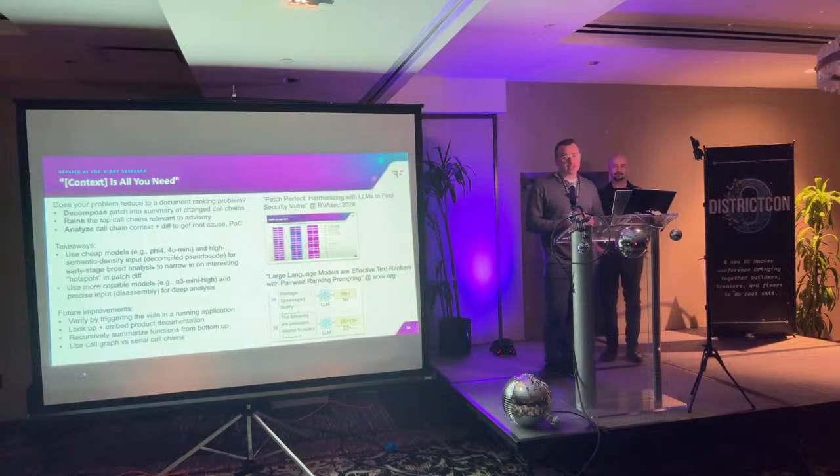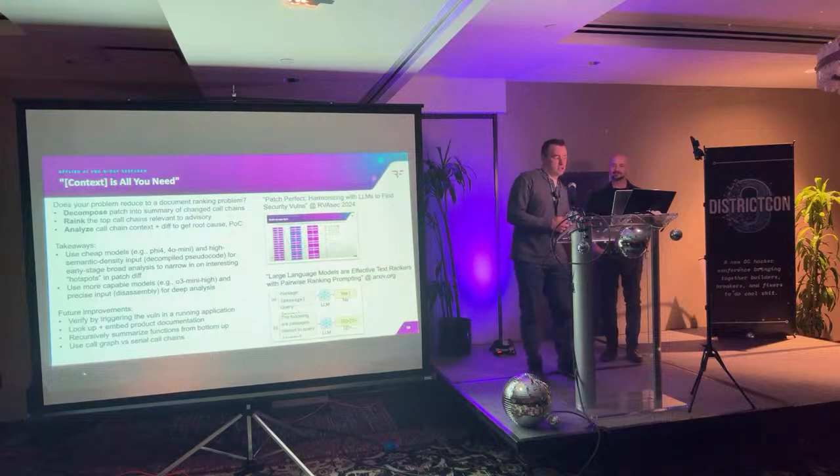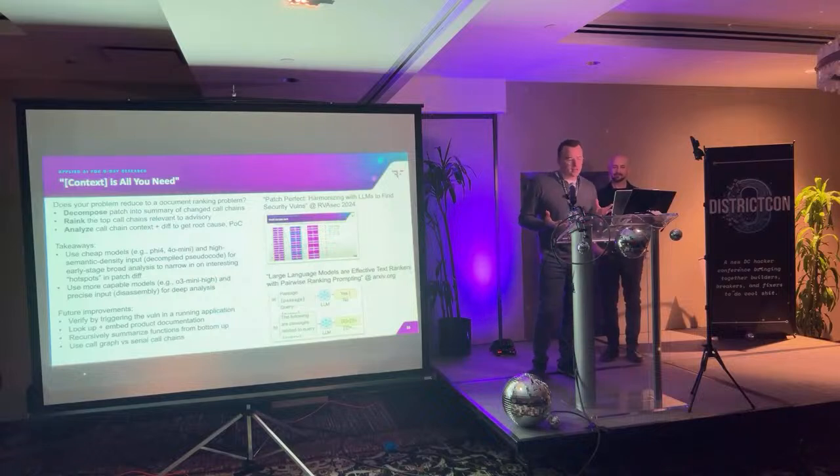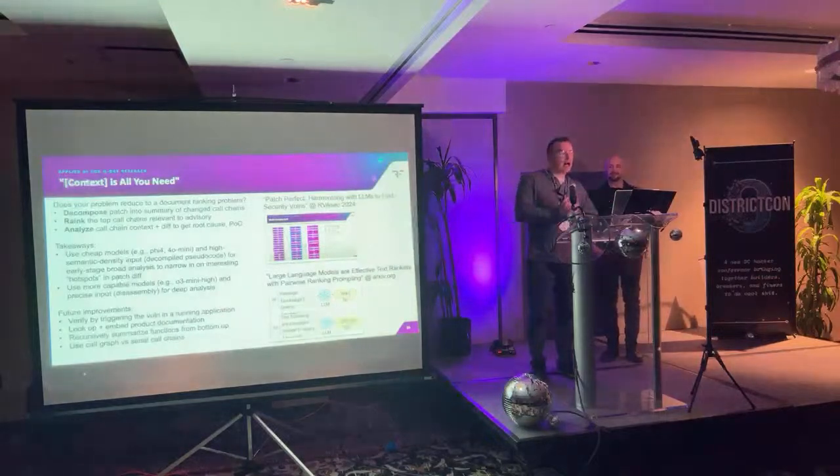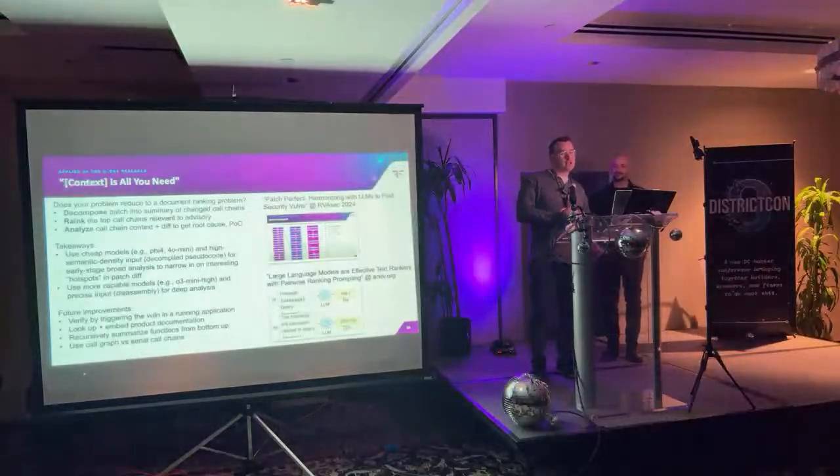There are some ways that we can improve on this approach. In this case, it's still kind of involved, like us eyeballing it and saying, yeah, that looks like it hit the right call chain and it looks like it correctly root caused the vulnerability. But if you have a live instance of the running application, you could have a verifiable process where maybe you could actually send the payload and see if it triggers the vulnerability that it believes is there.